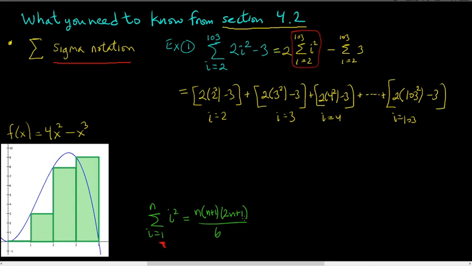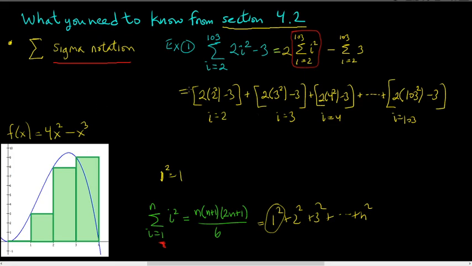So what's 1 squared? It's just 1. So this would be 1 squared plus 2 squared plus 3 squared up to n squared. So just leave off the 1. In other words, just take away 1 from what I have boxed here.